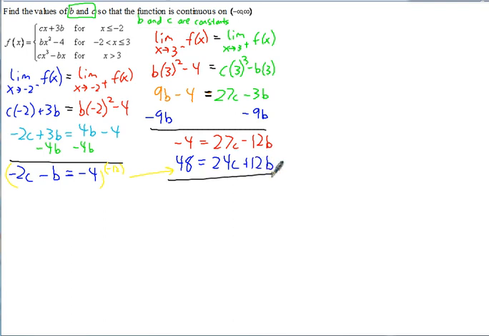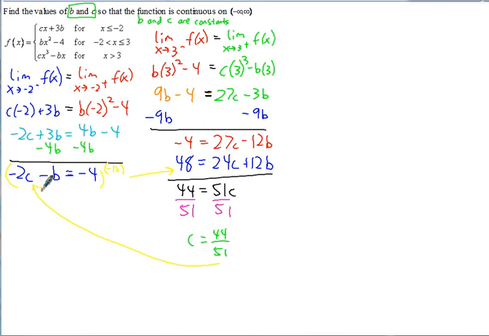Add those together. Negative 4 plus 48 is 44. 27 plus 24c is 51c. Divide by 51. Gives us c equals 44 over 51. And now if you just solve for b, you can substitute in any of these equations that have b and c in it, but the easiest way is probably right here, because the b is almost by itself already.